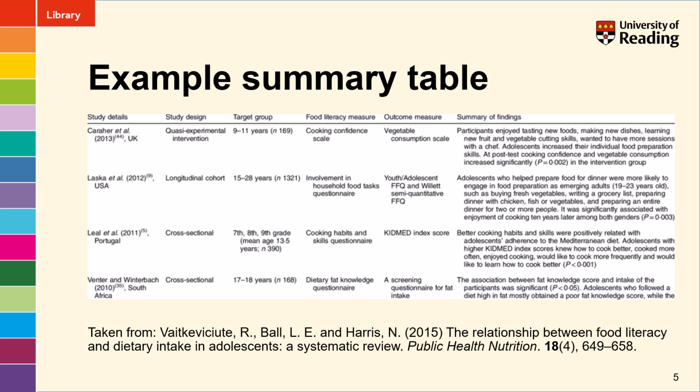They've got details of the study design and then the target group. And this study was looking at food literacy. So what sort of measure were they using to judge food literacy, the outcome measure as well. And then they've got a key summary of the findings from that paper. So it's just a good way to try and really pick out what's important about each of the studies that you're including in your review.